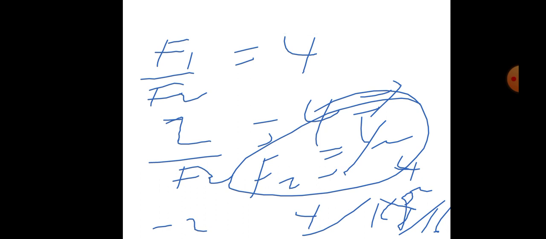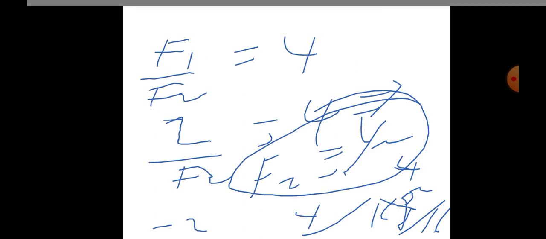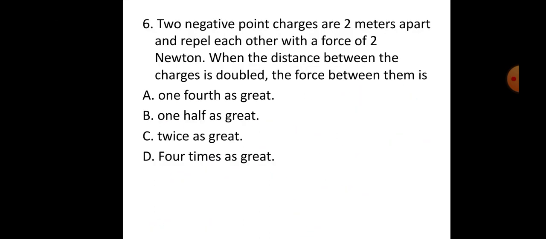So when the separation increases from 2 to 4, the force decreases by half. Therefore F2 is 1/2 of F1. The answer is 1/4 as great, 1/2 as great, twice as great, 4 times as great: 1/2 as great.